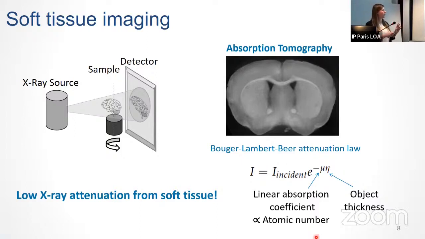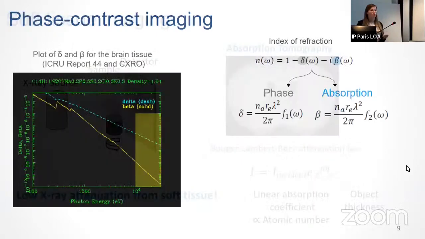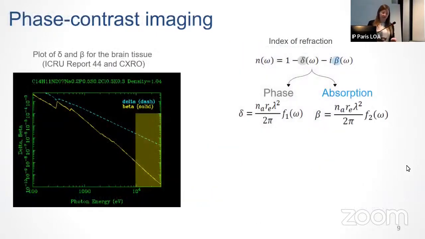This is the equation for only one single element. And the linear absorption coefficient is proportional to the atomic number. Since in soft tissue the atomic number is very, very low, we have very low absorption contrast from soft tissue. So what we want to do is increase the contrast in our images, and what we want to use is phase contrast imaging.